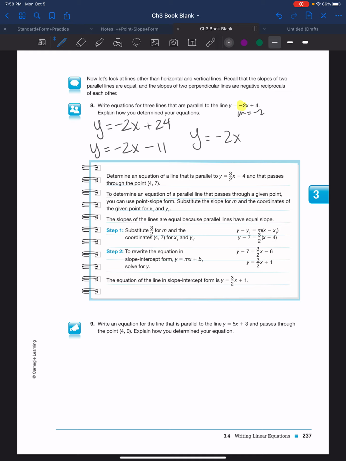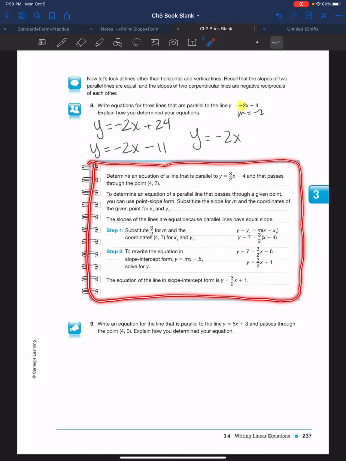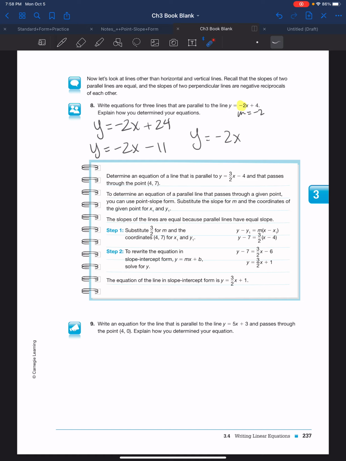So in this little notebook section, now to connect that with the point slope lesson that you just watched, we are going to be given an example that looks like this little notebook right here. And they work through all the steps on this one. So if you ever need to reference back to another example, this is a good place to go.